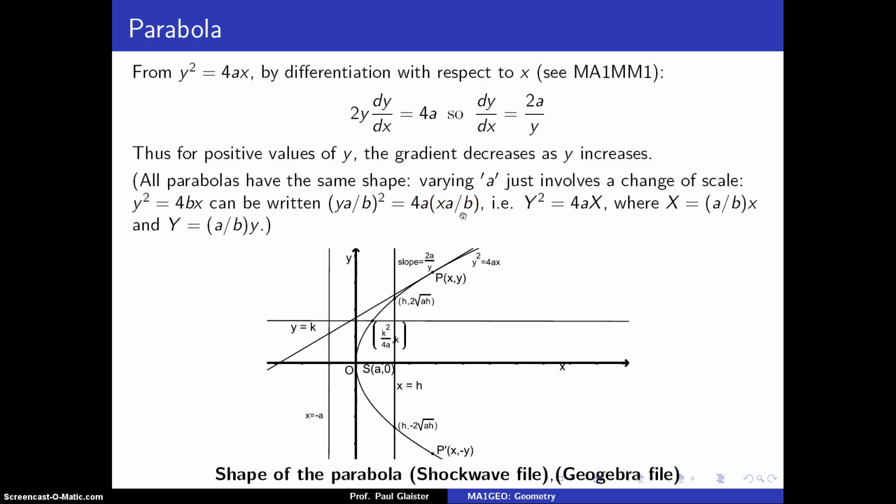In other words, if we replace this y coordinate by a stretched coordinate called capital Y, which is related to little y through this, and similarly x being a stretched coordinate, which is the x coordinate multiplied by a over b, then we get capital Y squared is 4a capital X, where upper and lower case x are related in exactly the same way that y is related.